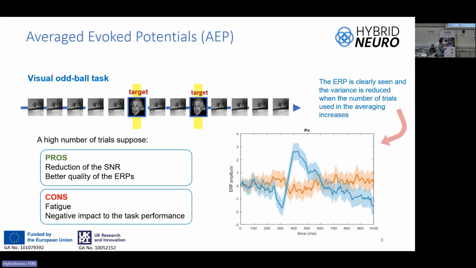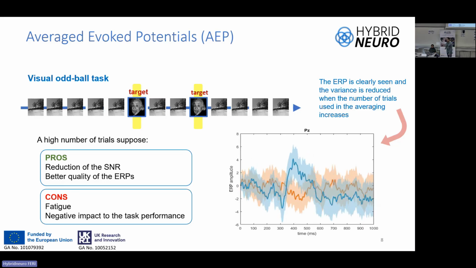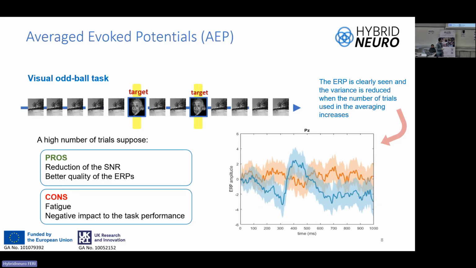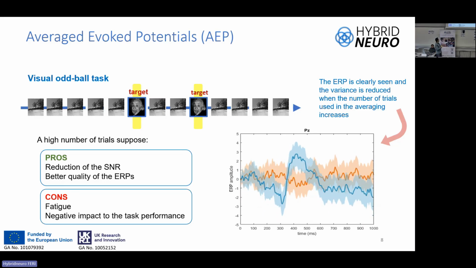The typical setup is that you have some distractors or standard images, and there is the target one, which is the image of interest.